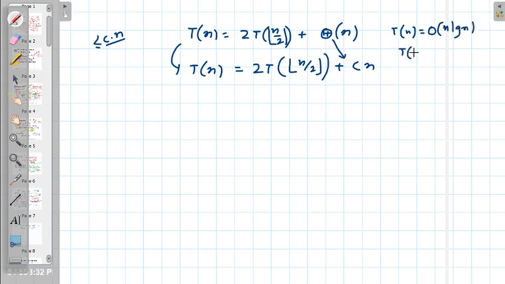And then we have to prove that Tn is less than or equal to, here I have got one constant, that is Cn, that is coming from this expression. So for the overall constant, we will not be taking Cn, we will be utilizing another constant, that is d n log n. Okay.